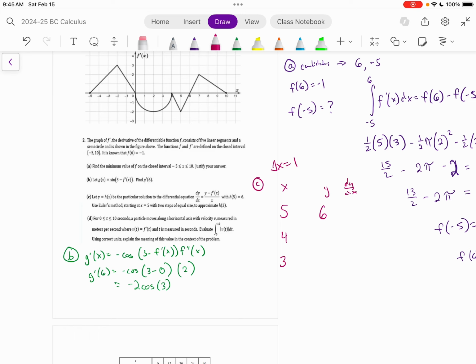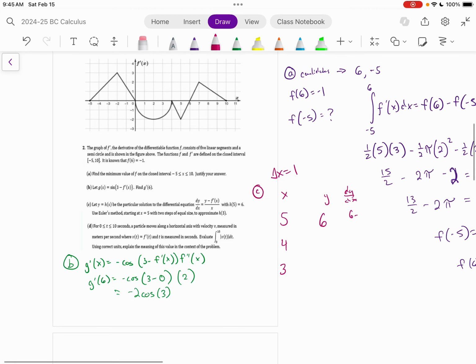So dy dx when x is 5 and y is 6, oh boy. 6 minus f prime of 5, which is negative 2, over 5, 8/5.